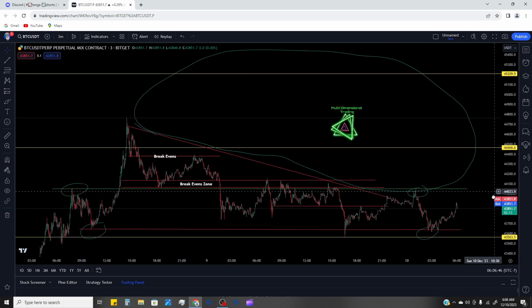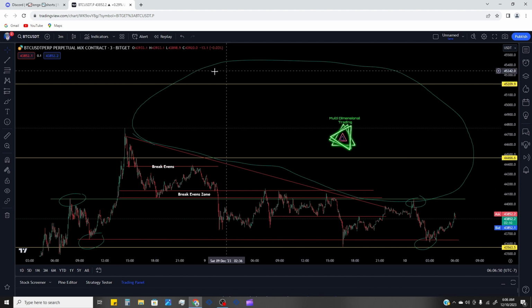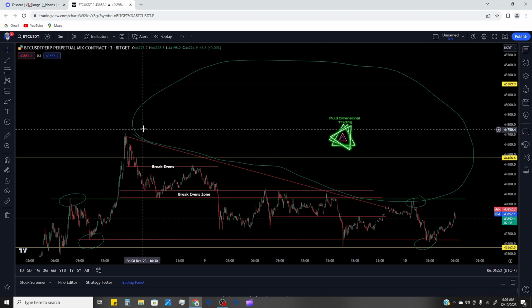Now we have the bubble on top, right? This is the example of showing you guys the bubble theory on top instead of looking at it on the bottom. We're looking at the bubble on the top of the run, looking for where liquidity is to the top side.